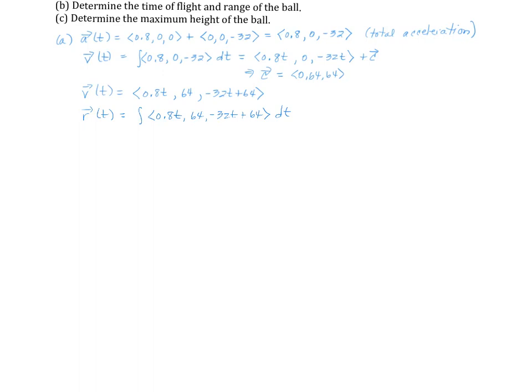And that's going to be equal to, I'll just go across, 0.8t squared over 2 is going to give me the vector 0.4t squared, comma 64t, comma negative 32t squared over 2, so negative 16t squared plus 64t, plus my constant vector.